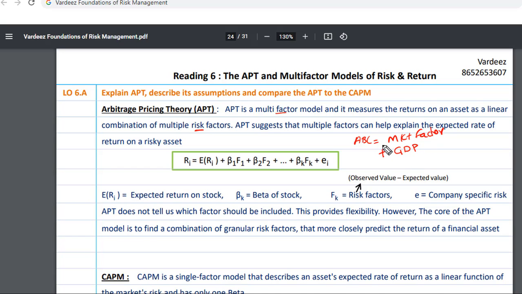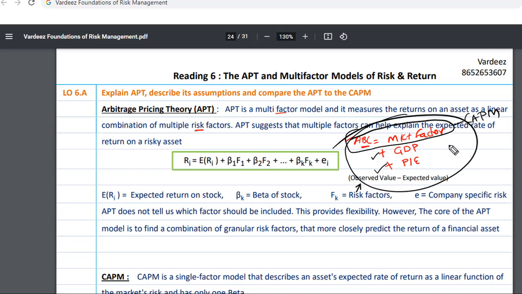If the GDP goes up, then this stock is also affected. And similarly, I can also say that this stock is also affected by the fundamentals of the company, so let's say the price to earnings ratio. So this PE ratio also affects ABC returns. So now I can say that ABC and the market factor is just CAPM, and if I include the other two factors, the entire thing becomes a multi-factor model, or I can say arbitrage pricing theory.